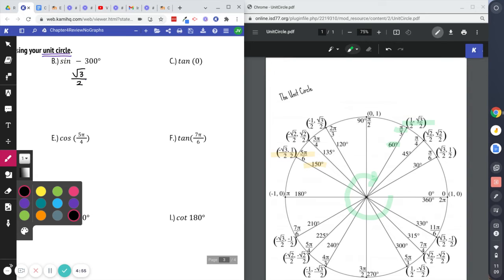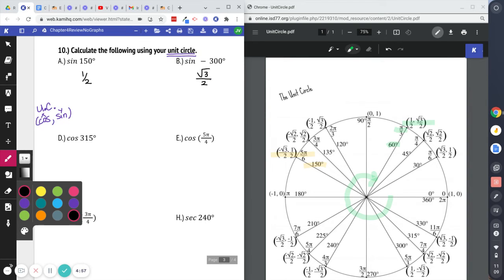Tangent 0. Let's leave tangent for a second. Let's do these cosines real quick. Cosine 315, here's 315. Cosine is the x-coordinate, and the x-coordinate here is root 2 over 2.